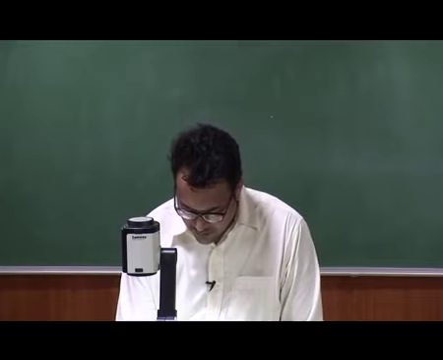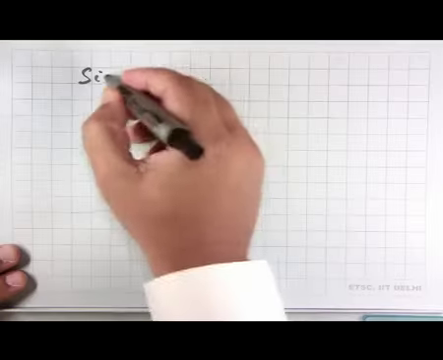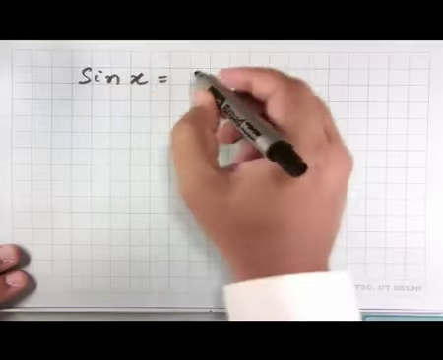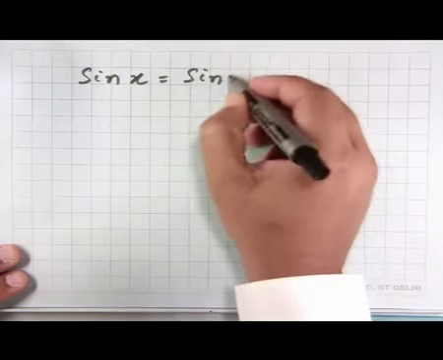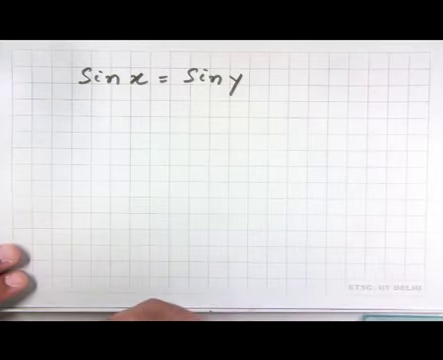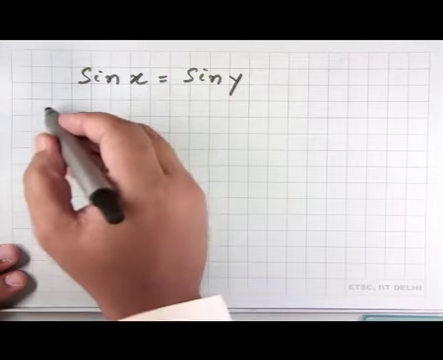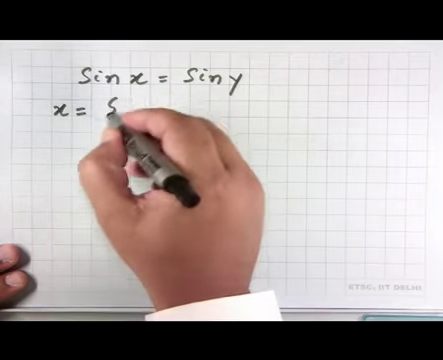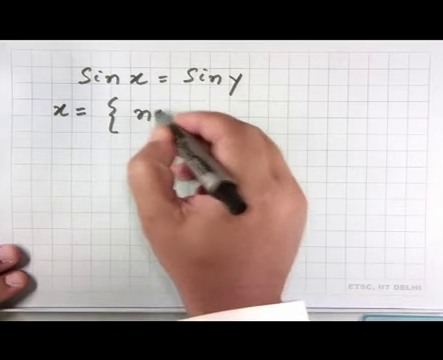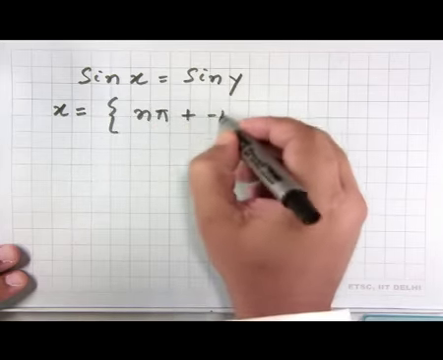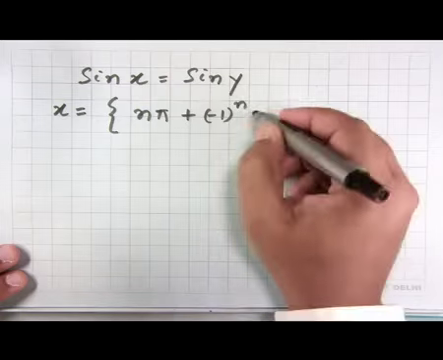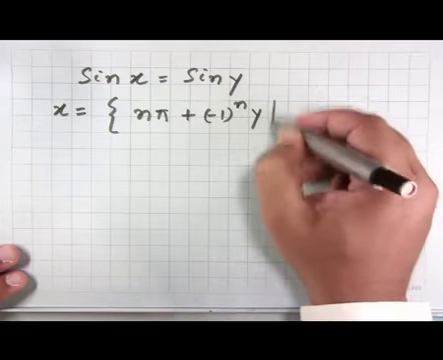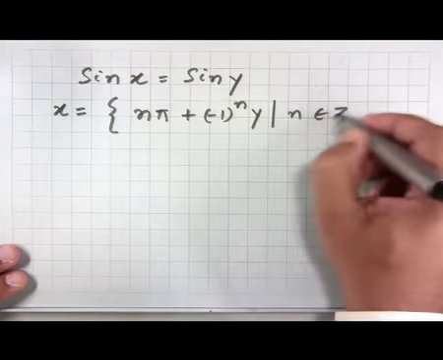So, we discussed general solutions of trigonometric equations of this form sin x equal to sin y, and we said that the solution to this equation is x equal to n pi plus minus 1 to the power of n times y, where n is an integer.